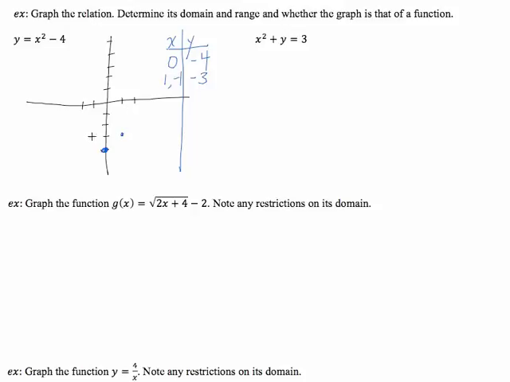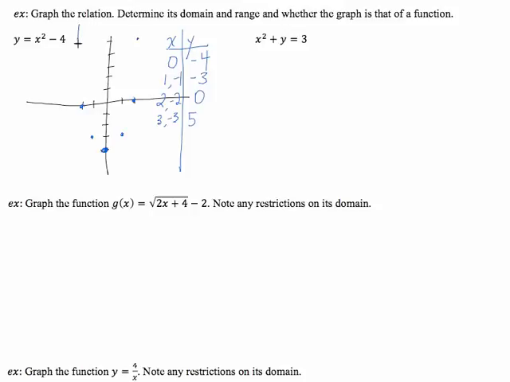So I have these 2 points, and then all the positive and negative values of x will have the same value of y. There we go. So when x is 2 or negative 2, that number squared is 4, minus 4 is 0. So that gives us our x-intercepts right there. Then when x is 3 or negative 3, that's 9, minus 4 is 5.